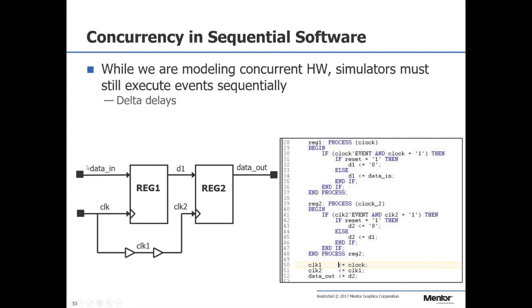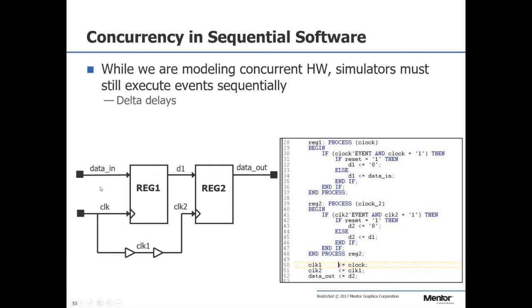Here is an example of VHDL code that is going to cause event ordering issues that happen in 0 time. What it looks like I have here is a shift register. I have a clock, a couple of registers, and data that's coming in.